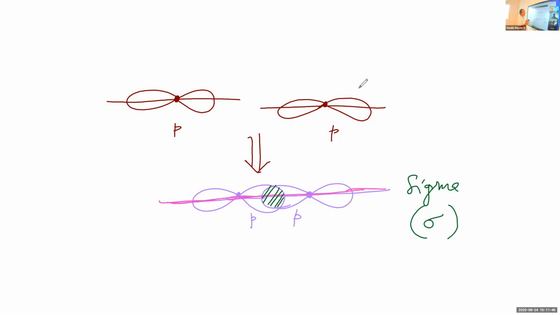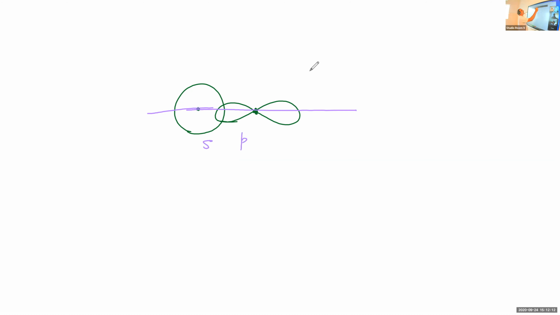Okay, let us see the case of the overlapping between an s orbital and a p orbital. Here there is an s orbital, and here there is a p orbital, suppose. During this overlapping there is a common axis for both the orbitals. There is a common region between these two.